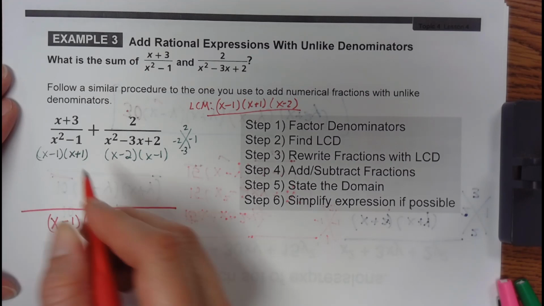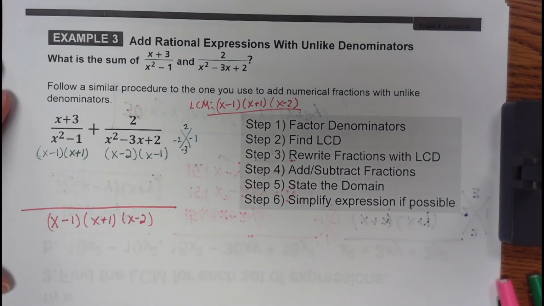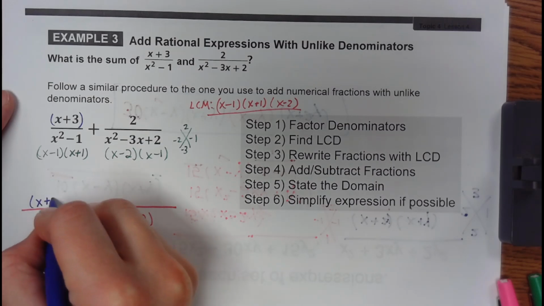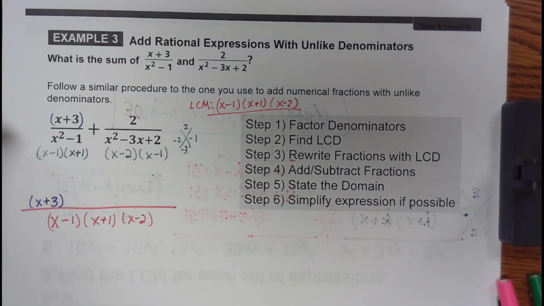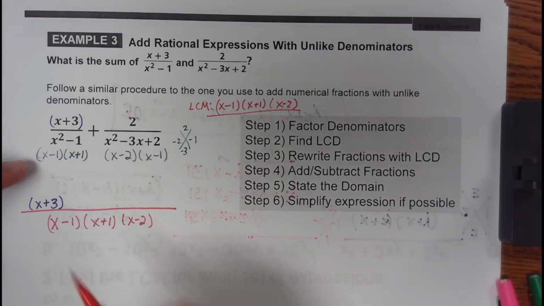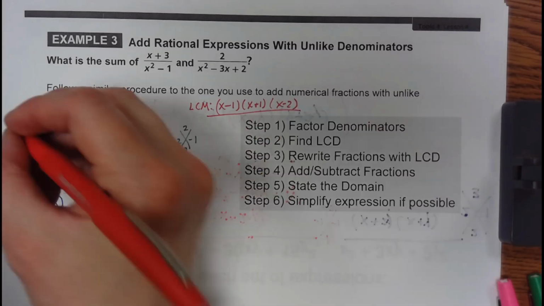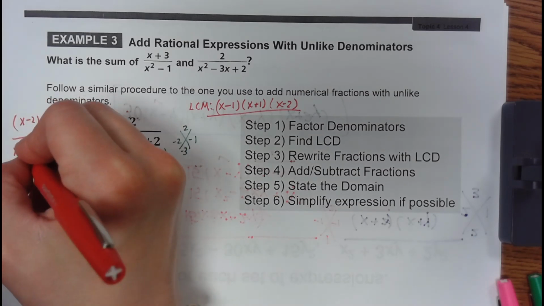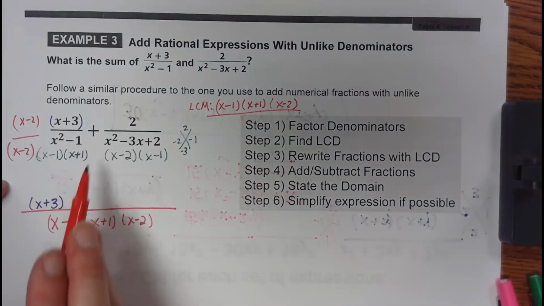And now we're going to go. Okay, so we have this x plus 3. Remember, it's a group. Now, what part is missing in this one? We had the x minus 1, x plus 1. We need this x minus 2. So this is really what we are doing. Now you can see 1, 2, 3, 1, 2, 3.